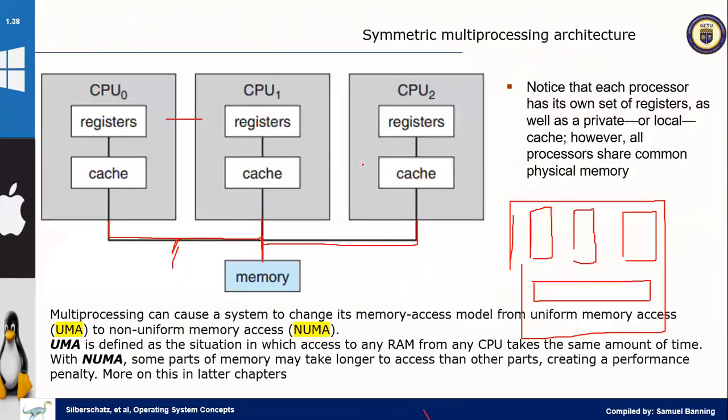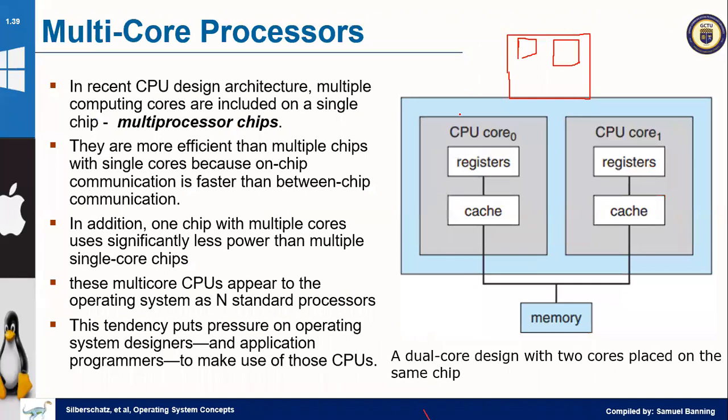Another point is that if you look at this one here, this CPU must have its own power. So if this one is 5 volts, and that is also 5 volts, and that is also 5 volts, if you put together all these volts, the processors alone are consuming 15 volts. But if you come to this multi-core, these processors are on the same chip. So that chip alone will take 5 volts.